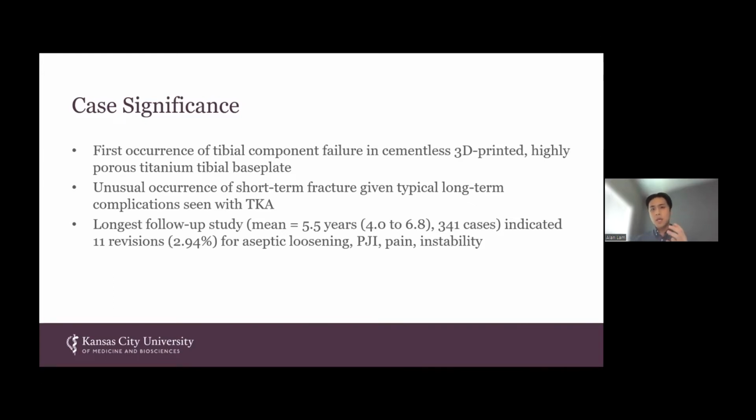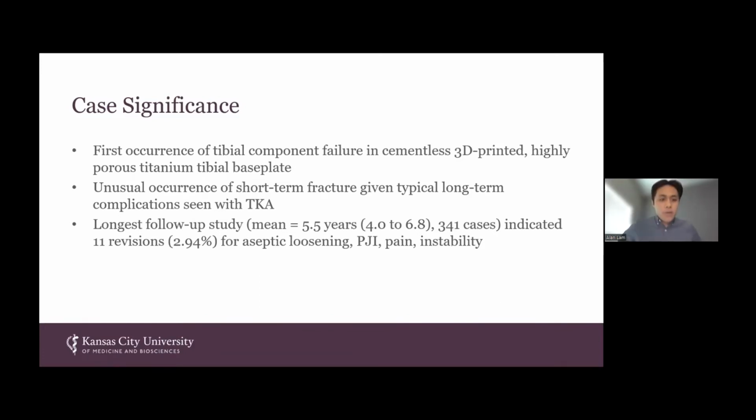This is relatively unique because this was a short-term complication, differs from your usual long-term complications that you see in knee replacement, such as the osteolysis, such as the polyethylene wear, such as loosening over time.